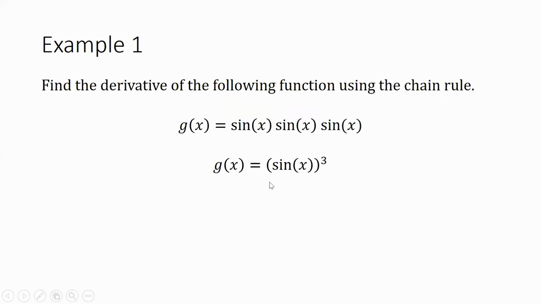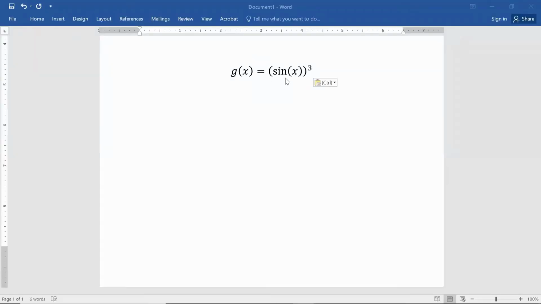So let's apply the chain rule to this g(x) we had earlier. This is a composition of something to the third power. Let's make some notation. Let's say we have u to the third power, y equals u³.